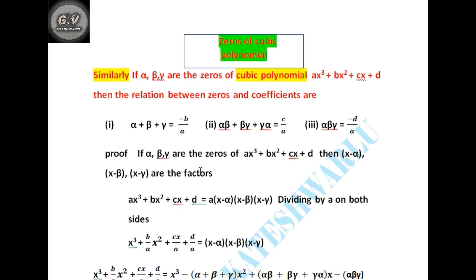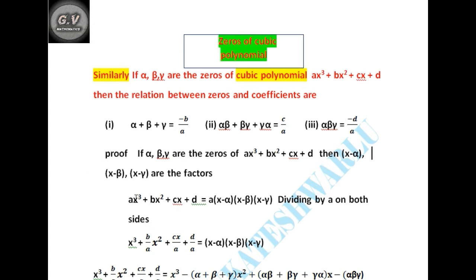Therefore, this cubic polynomial can be resolved into factors. So a into this polynomial can be written as a into the product of the linear factors, that is x minus alpha into x minus beta into x minus gamma. Multiplying these three linear factors, we obtain the cubic polynomial.